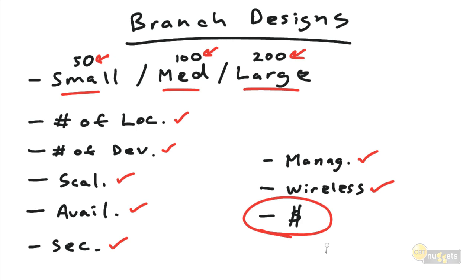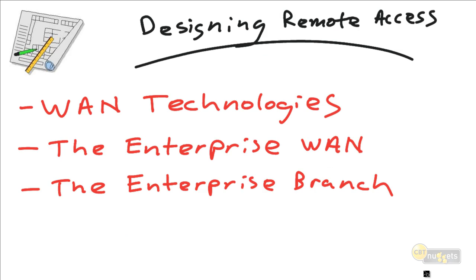So, one of the most complex areas of design by far we have seen in this CBT nugget, and it is indeed the WAN. Particularly, our discussion of designing for the wide area network centered around, first, the various WAN technologies that we're going to see.